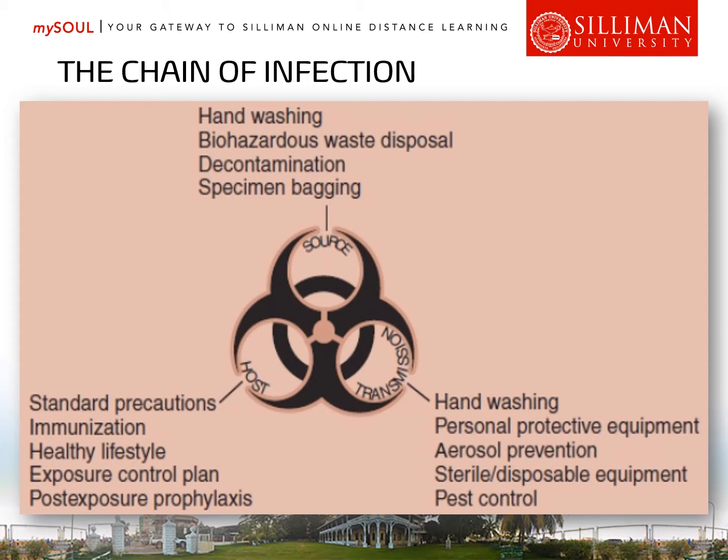Next, to prevent the host from acquiring the infectious agent, he or she must follow standard precautions, receive immunization, practice a healthy lifestyle, perform an exposure control plan, and for some instances that he or she is exposed, should receive post-exposure prophylaxis. Lastly, to prevent the transfer of the infectious agent to the host, hand washing must be done.